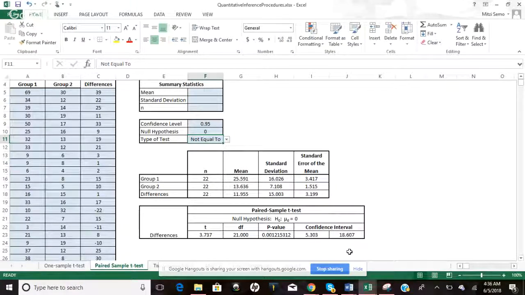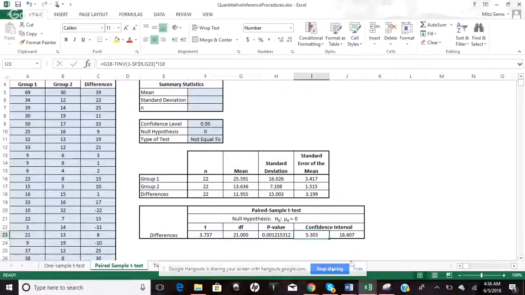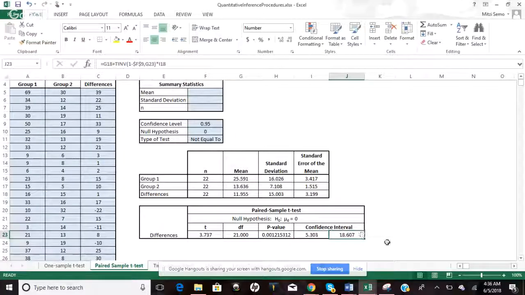So 5.303 and 18.607. What? So if we put the confidence level at 0.95, then it would be 11.955. But is that the confidence interval though? These two numbers here, 5.303 and 18.607. Wow.